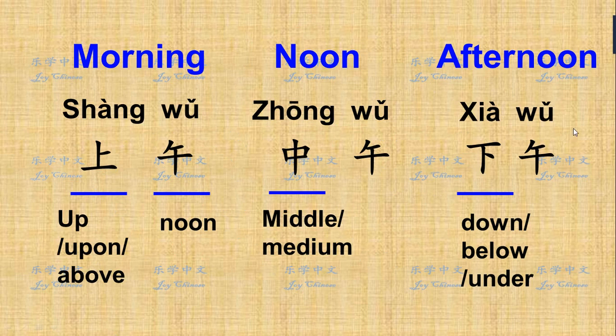Actually, 午 means noon, 12 o'clock. So before 12 o'clock is morning. 上 means up, on or above, before. 中 means middle, medium. 下 means down, below, or under.